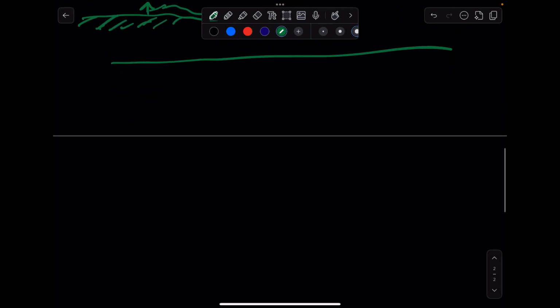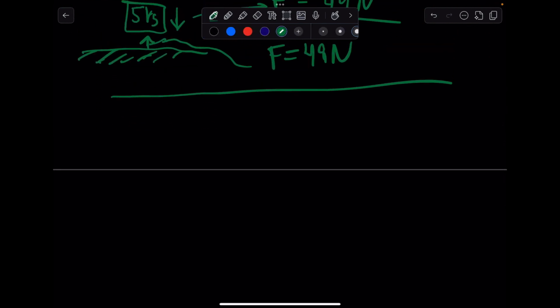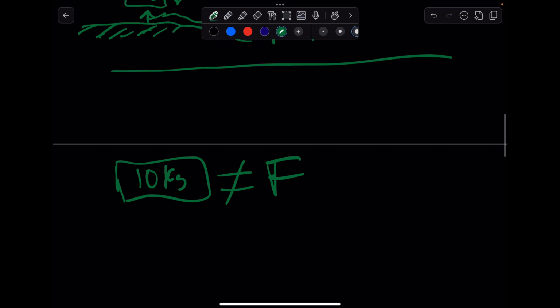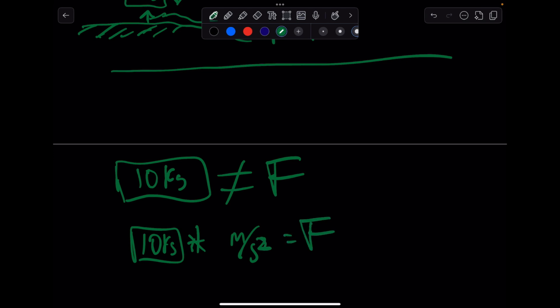A mass is not a force. For example, the dumbbell is not a force. A 5 kg object or a 10 kg object is not a force, does not equal a force. It needs to be acted on by an acceleration to be a force. So a 10 kg object times an acceleration, which is measured in meters per second squared typically, will give you a unit of force. You cannot have a force without an acceleration.